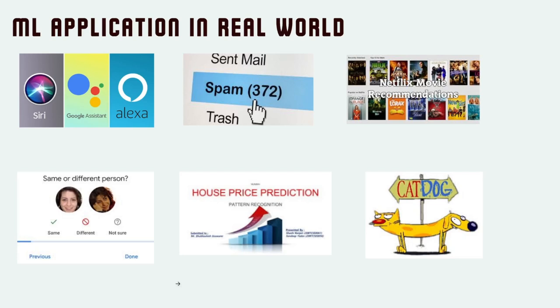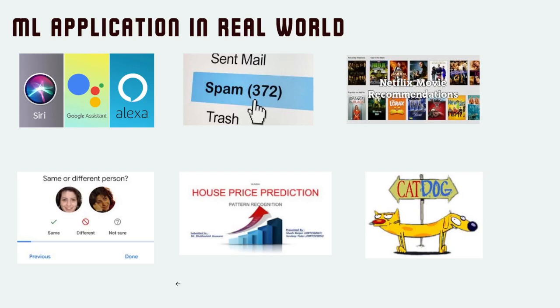Suppose you love action movies, and Netflix automatically suggests action movies to you. In Google Photos, they identify whether the person is the same or not. All these applications are done by machine learning algorithms.